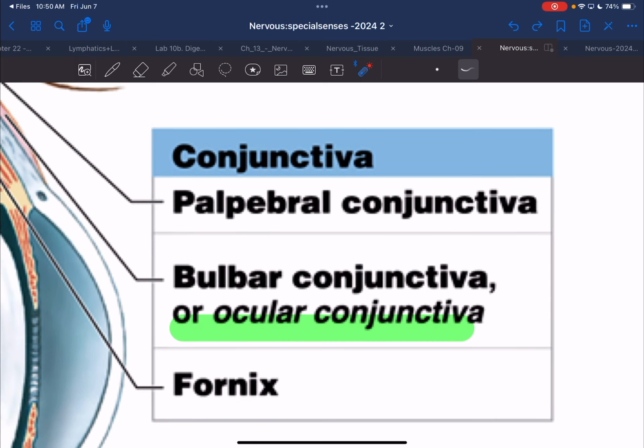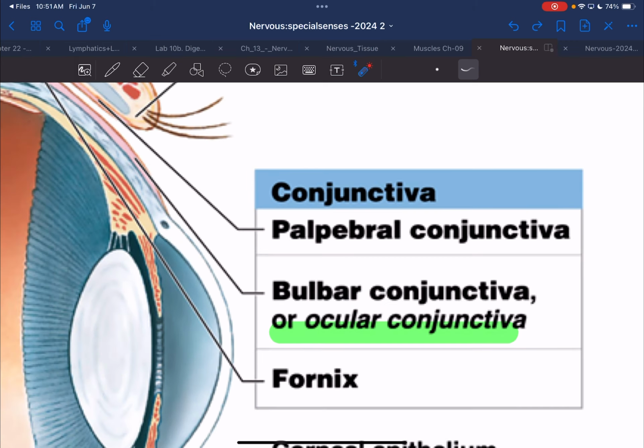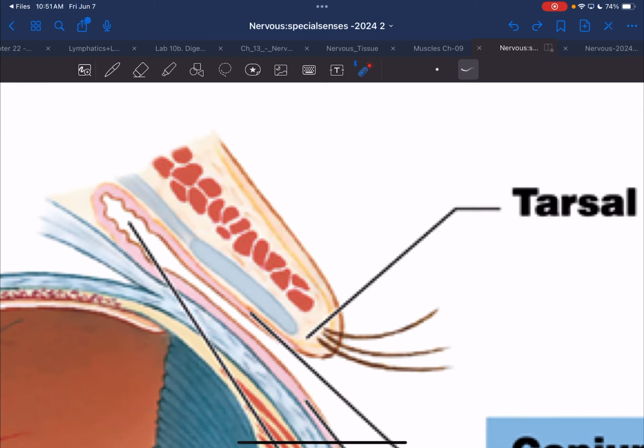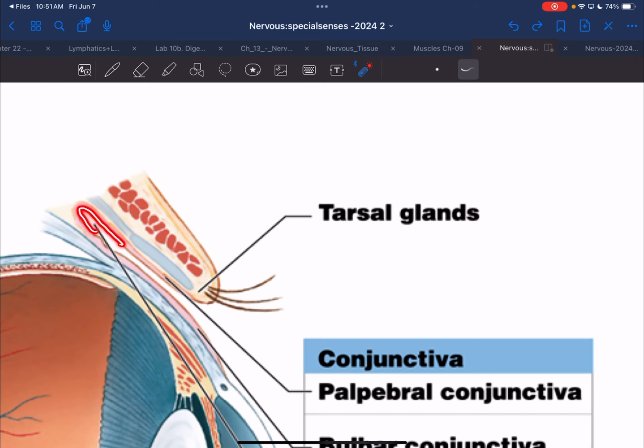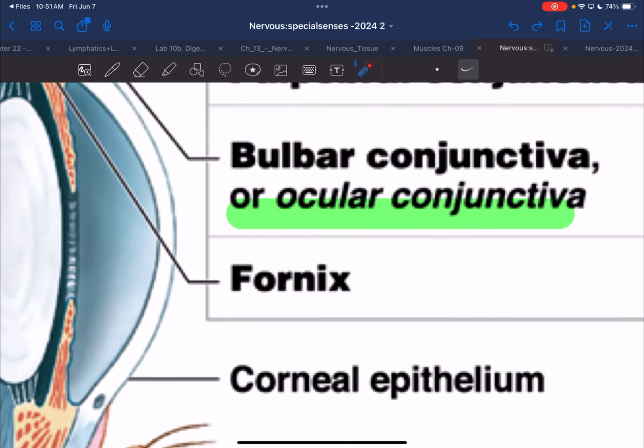Ocular is like eye, right? So probably the easiest one. And fornix is the little cavity they create when they go from being this one to becoming the other one. They are technically the same layer, but we give a different name depending on what it's connected to. Palpebral conjunctiva, ocular conjunctiva. The little space they create is called the fornix.